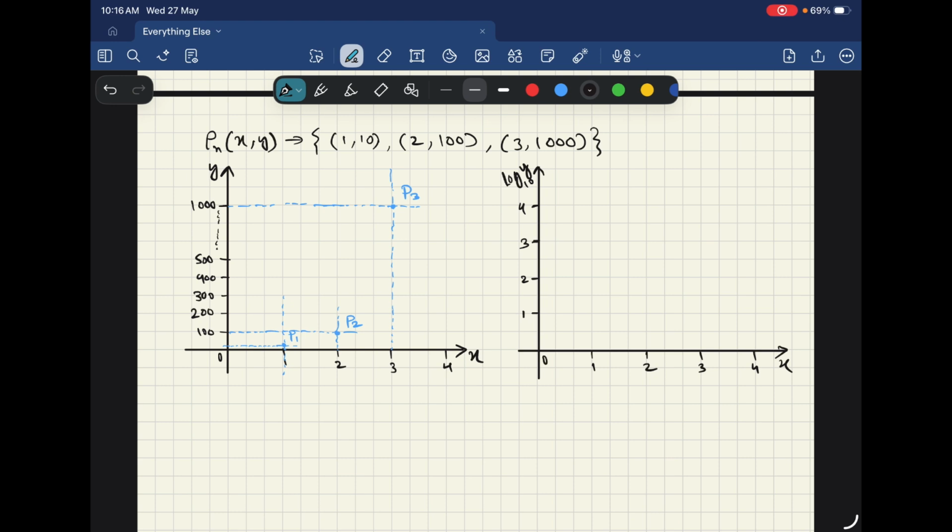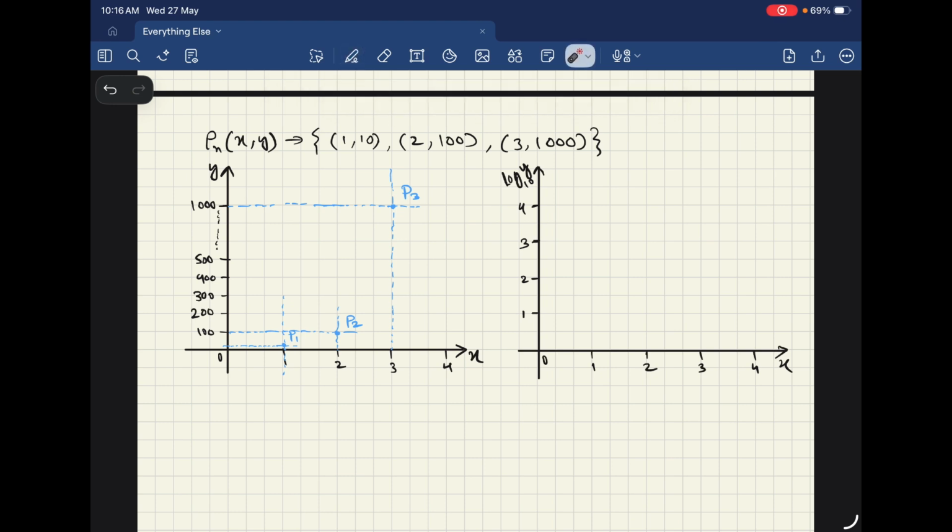I'll explain it in just a moment. So what I did is, here it is 1. What 1 means is log y base 10 equal to 1. When log y base 10 is equal to 1, y is 10, that means this one corresponds to our y value.